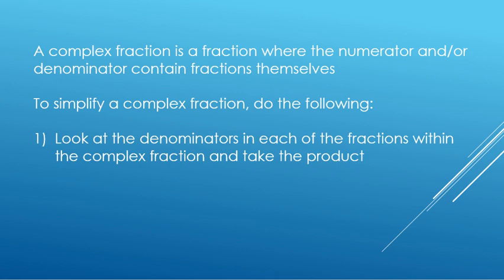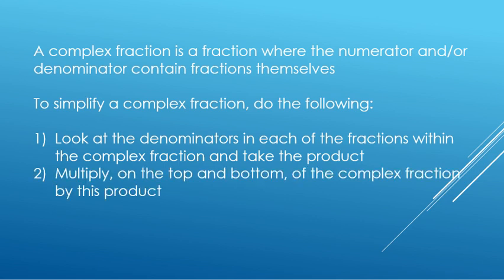So first thing you're going to do is look at all of the denominators in each of the fractions within the complex fraction, and take the product of all of those things. However many fractions you have happening within the larger overall fraction, take the bottoms of each of those and take the product of all of those bottoms.